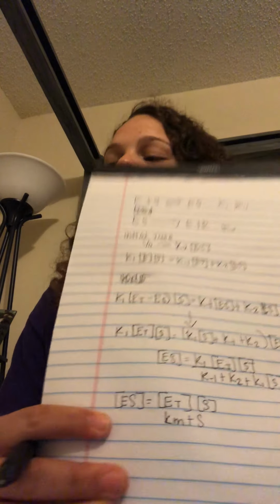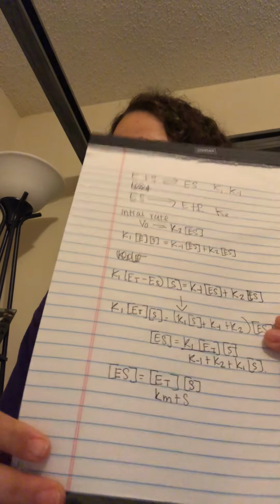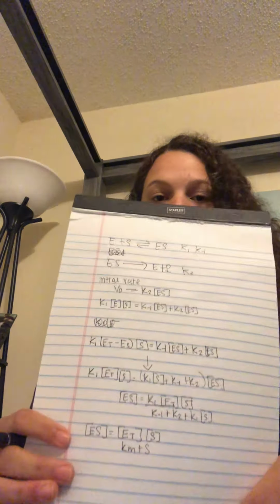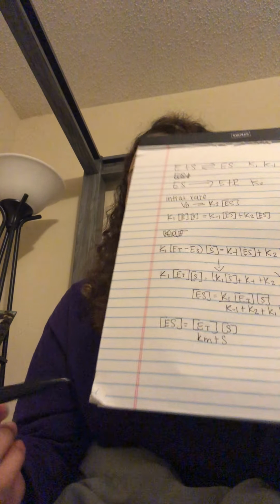For equation 2, K2 can also be called the catalytic constant, which is known as Kcat, because it represents the rate constant of the entire reaction. When we talk about this, we'll end up with a different equation that looks like this.